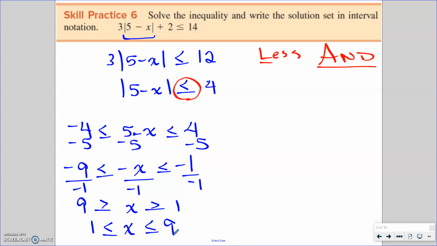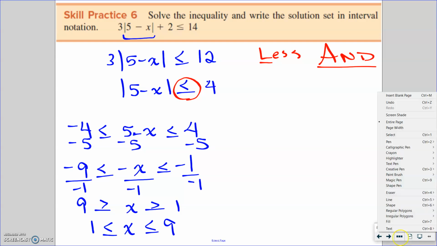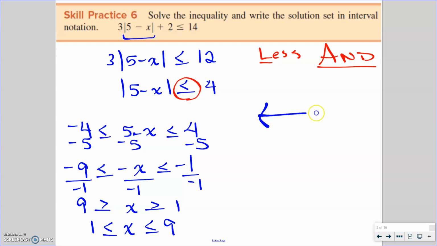So how would I say that mathematically? x has to be greater than or equal to 1 and less than or equal to 9. So let's go ahead and represent this now on a number line. So I have 1 and 9 as my points of interest.